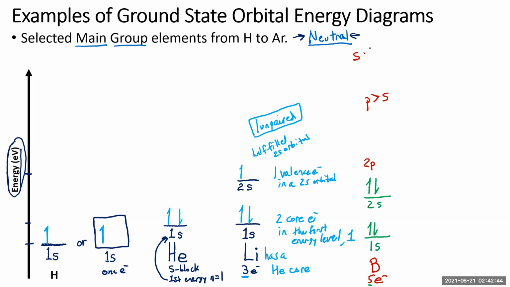Remember the order: s is less than p, which is less than d, which is less than f. S is the lowest energy. For all the same n values, s is lowest, f is highest. Okay, let me write it the other way, so I'm consistent. S is less than p in energy. Because it's less than p, 2s is down here, 2p is up here.